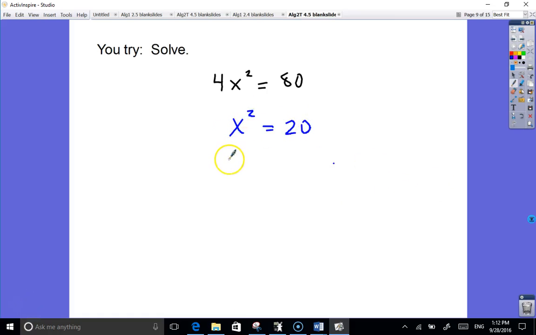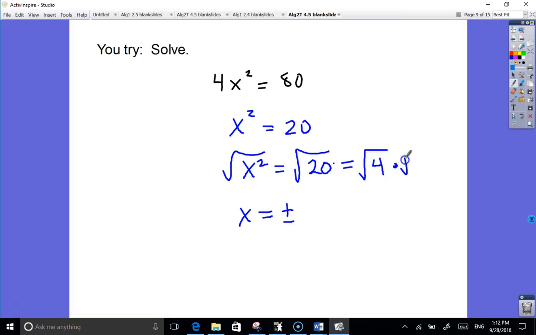And then you took the square root of both sides. So now we've got x equals plus or minus the square root of 20. But how did you simplify the square root of 20? The square root of 4 times the square root of 5, right? So that is 2 times the square root of 5.